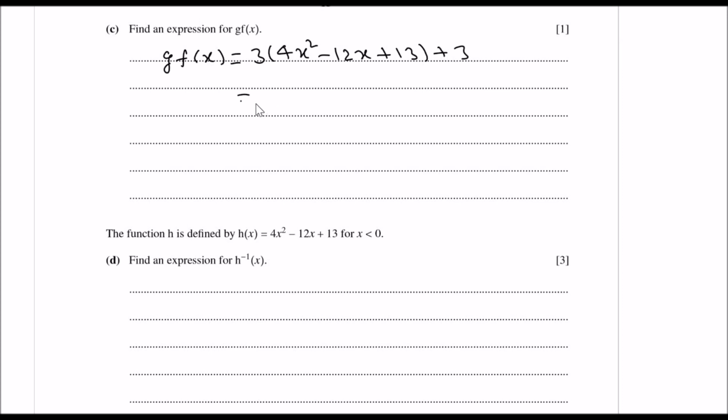Now if you expand the bracket and simplify this, we get 12x² − 36x, and plus 13 times 3, 39, plus 1. Here we have 1.